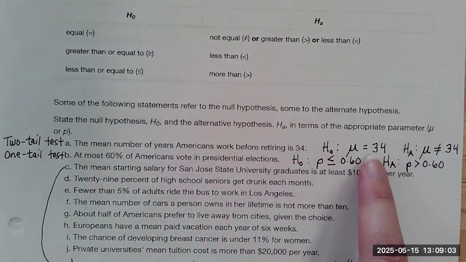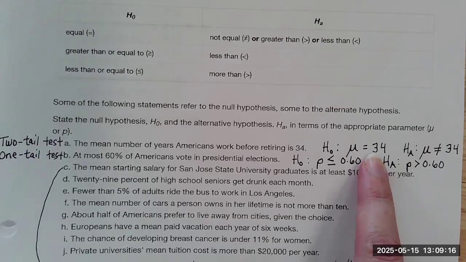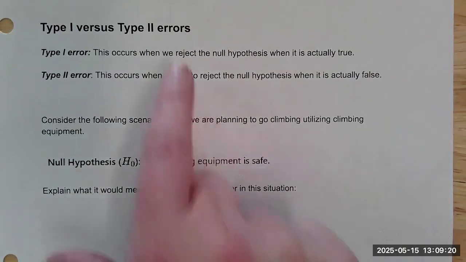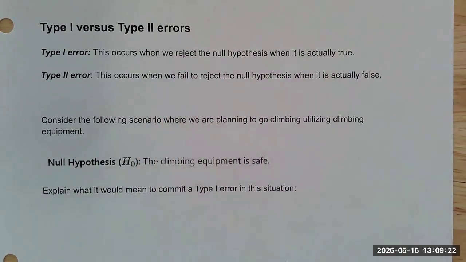So we said the null hypothesis was that the mean is exactly 34 years. If we rejected the null hypothesis, we'd be saying, oh, we have evidence that it's different than 34 years. But it might turn out that the evidence that we got is actually not accurate. And so if we rejected the null hypothesis when it's actually true, we've committed what we call a type 1 error.